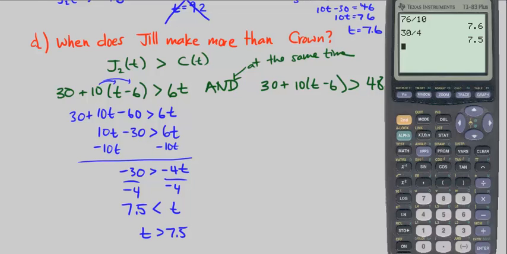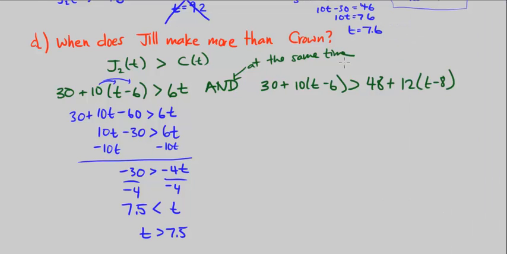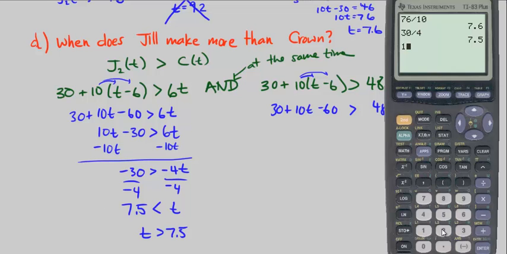Let's continue with where it also has to be true, over here in the second part. Let's distribute the 10. We have 30 plus 10T minus 60 greater than 48 plus, and distribute the 12, 12T minus 96. 12 times 8 is 96; you could even use your calculator to verify.